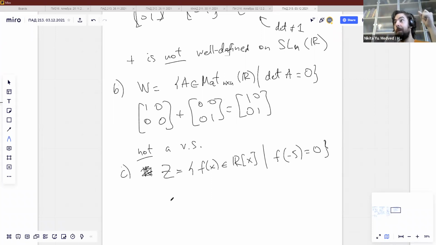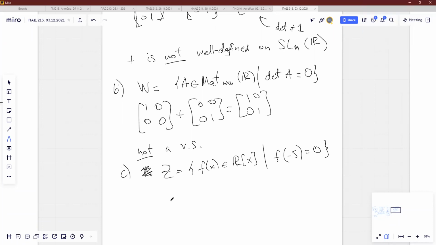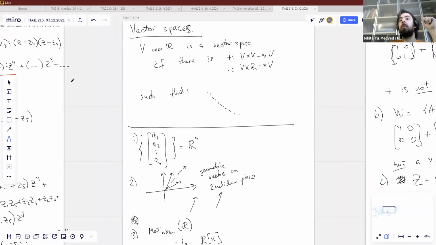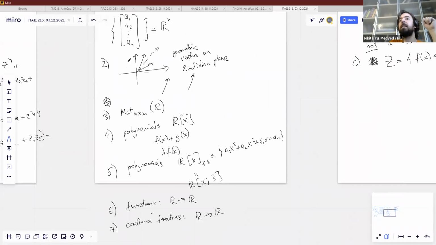what we need to check, because in vector spaces we do not consider multiplying different vectors. In some of our examples, like matrices and polynomials and functions, there is an additional operation of multiplying them. But right now we ignore it. We don't look at it.